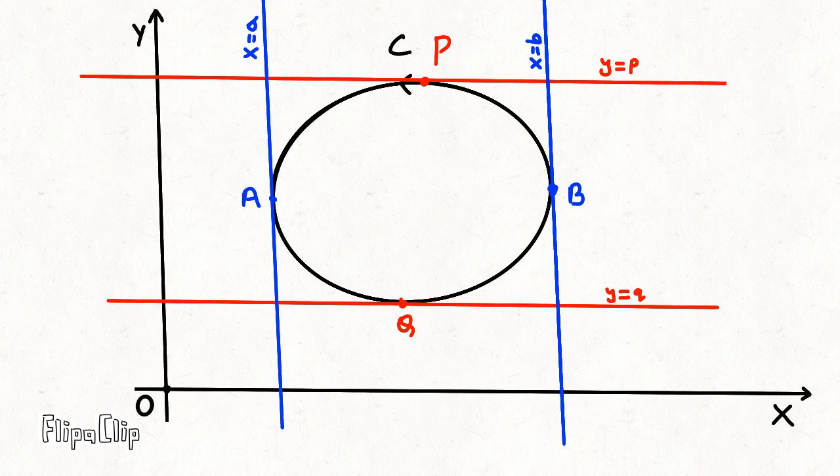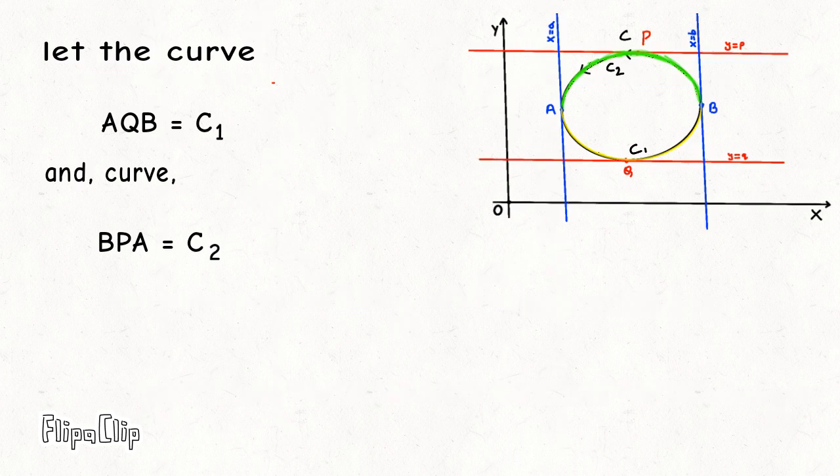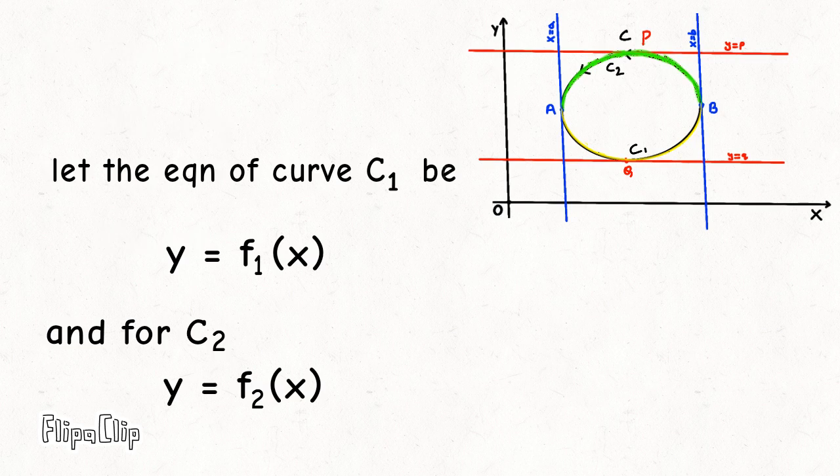Let's divide the curve C into two parts, AQB and BPA. Let AQB equal C1 and BPA equal C2. Let the equation of curve C1 be y equals f1(x) and for C2, y equals f2(x).